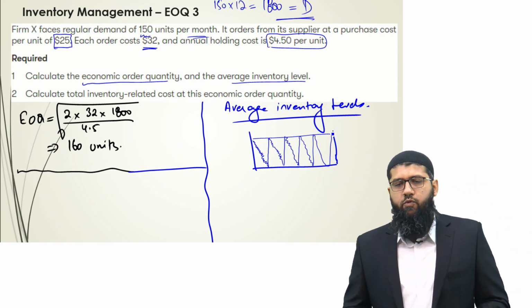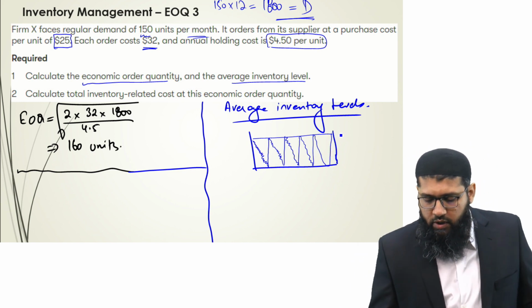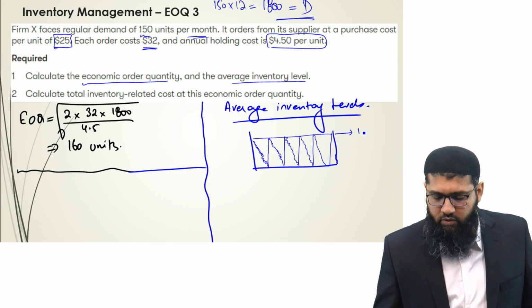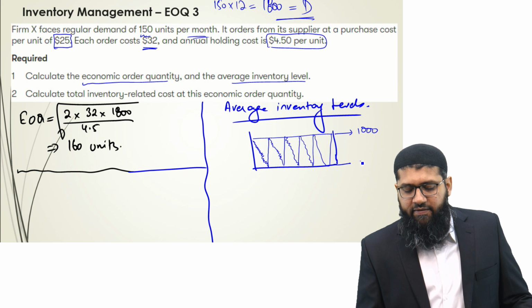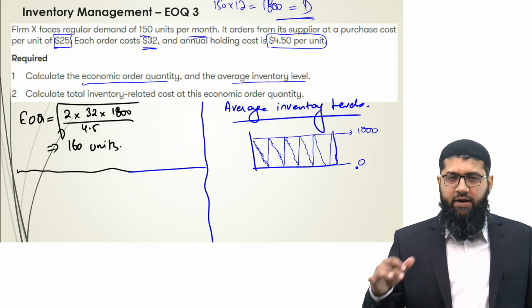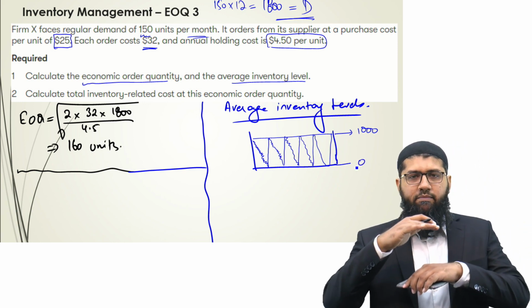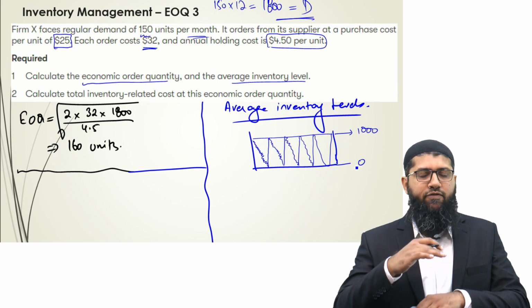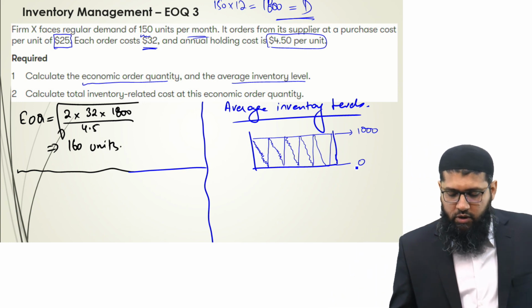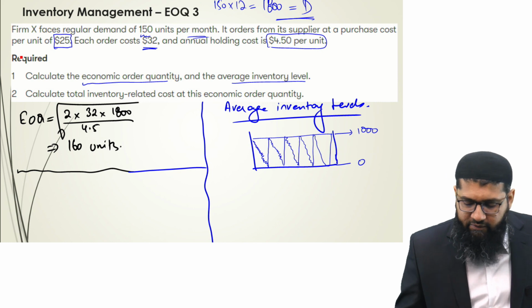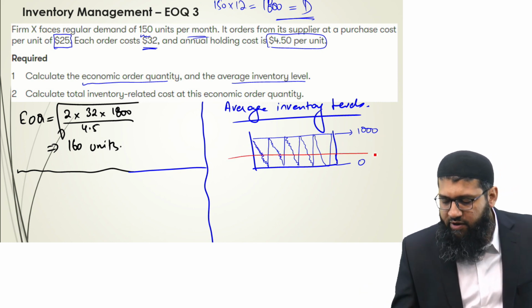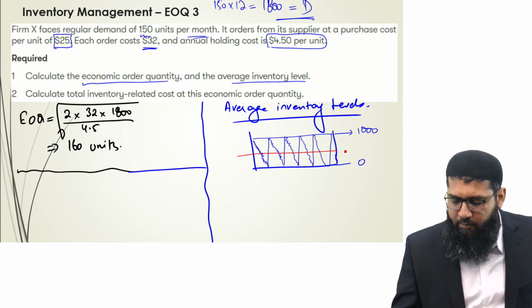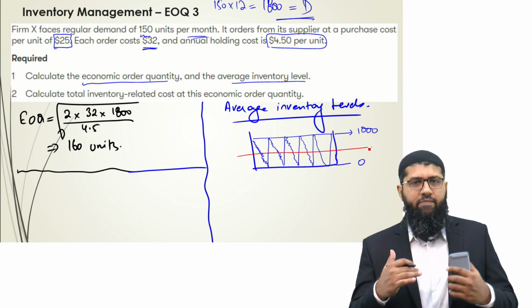Now, assume that this is 1000 units and this is 0. So your inventory is fluctuating between 0 and 1000. I repeat, your inventory is fluctuating between 0 and 1000. So the average inventory is going to be somewhere in between them.